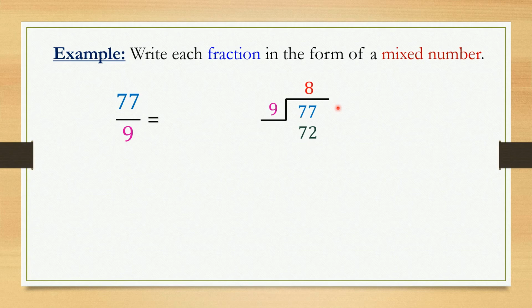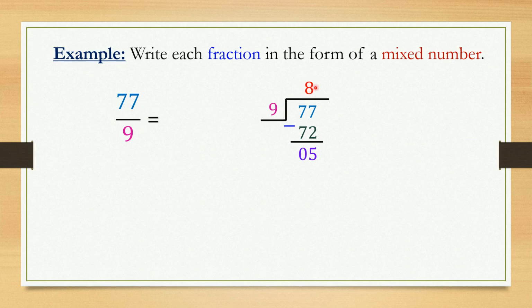It's 8. So we write 8 in the quotient. Now we find the remainder. 77 minus 72. 7 minus 2 is 5, and 7 minus 7 is 0. So we found the quotient and the remainder.